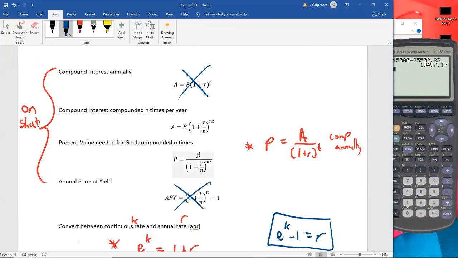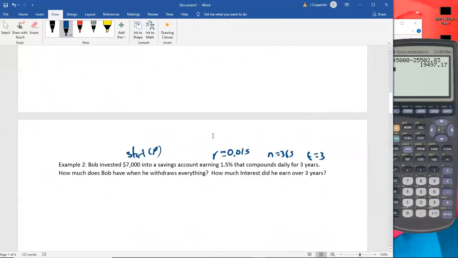We're not just interested in comparing one rate to another, so that's out. It's got to be one of these two things. Well, we know the starting value, which is the P, which means we have to use this one and not that one. We would use the one I'm circling right now if we knew the ending value. So we're going A equals P parentheses 1 plus R over n raised to the nt.